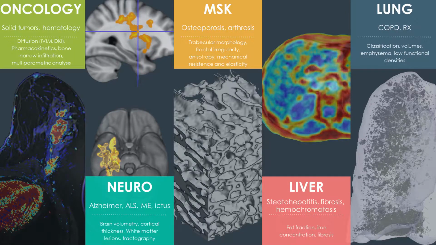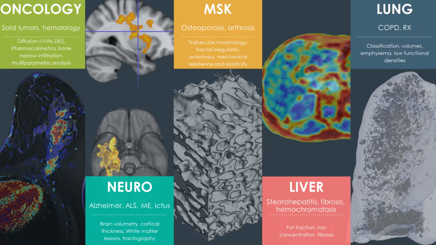Depending on the region that we want to analyze, the images that we have, we can extract different imaging biomarkers. For example, we can quantify the diffusion and the perfusion of a concrete tissue in order to assess an oncological process.